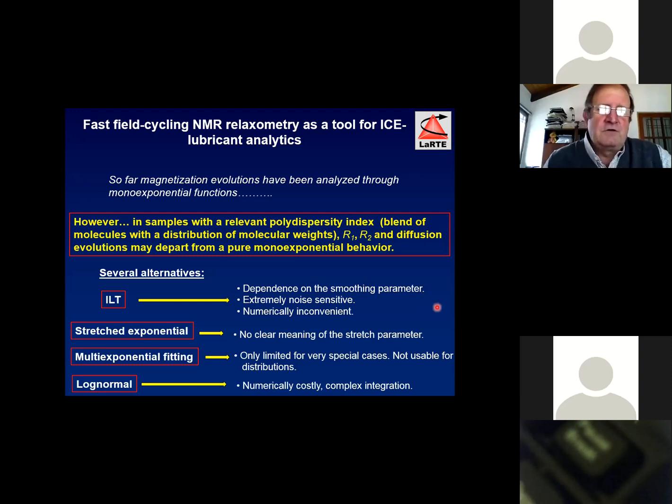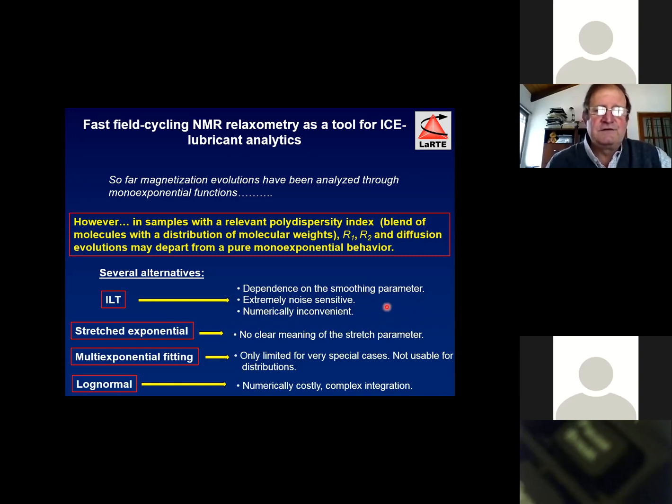And okay, you know, there are different possibilities: inverse Laplace transform, stretched exponential, multi-exponential fitting, log normal distribution, etc. However, for all of them, you can find at least one limitation. In the case of ILT, this is very successfully used.